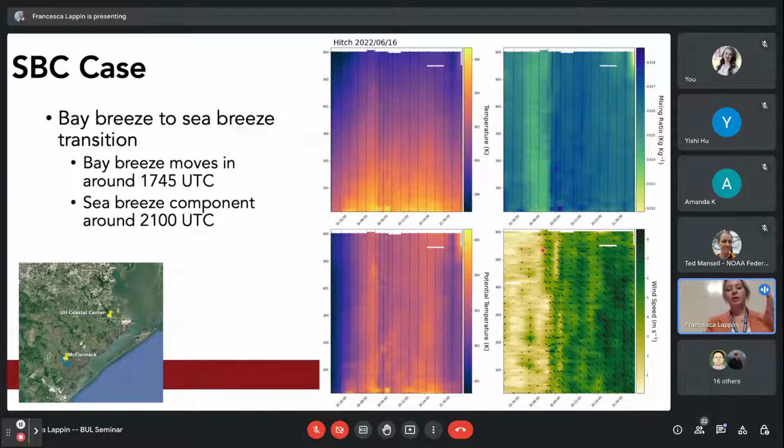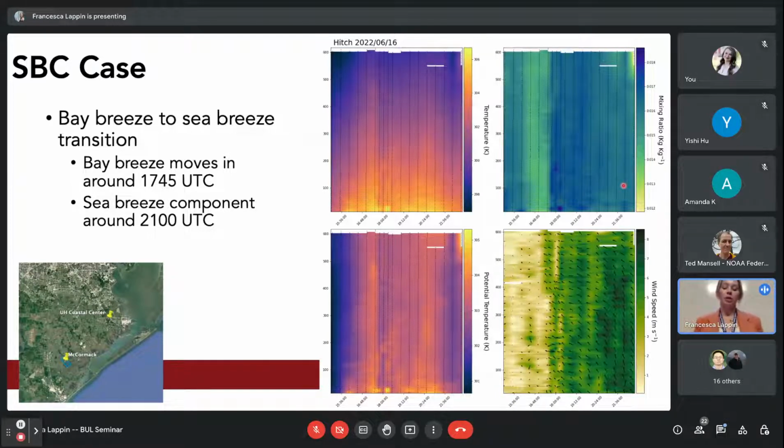And kind of clearly in the wind speed, we can see this pick up, increase in wind speeds, all coming initially from the east, around 1745, coupled with this increase in mixing ratio. And a slight decrease in your temperature, which is more obvious aloft than towards the surface. And then a little bit later on, 3.5-ish hours later, we get this more southerly dominating component, but we don't really see that same push of moisture.